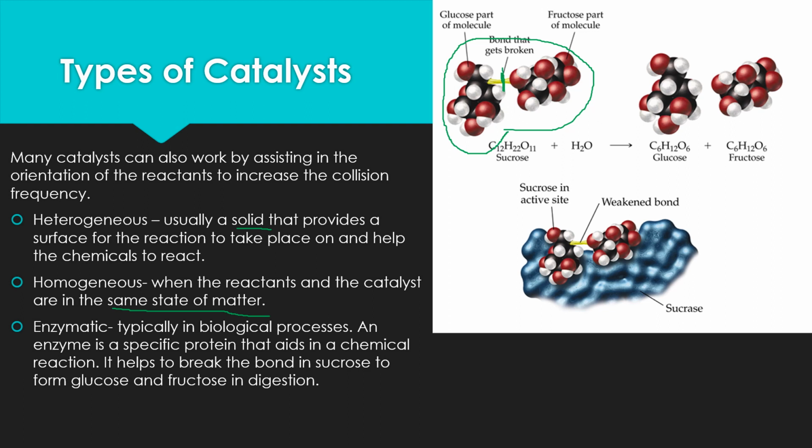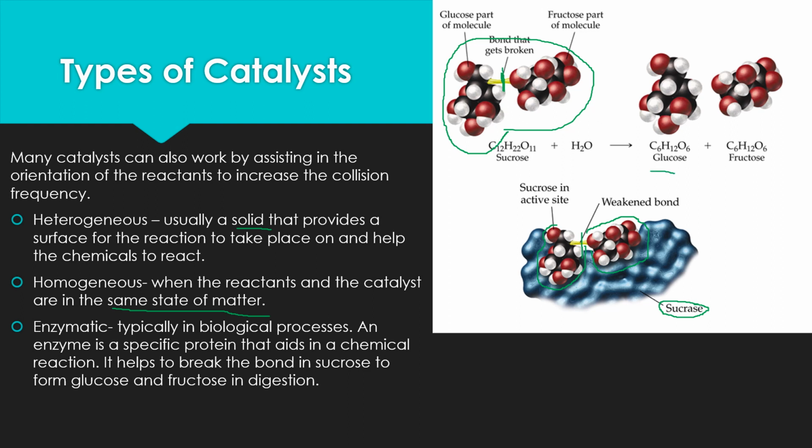That bond is harder to break. So in the body, we've developed a protein called sucrase. And this is a whole big long chain of atoms, a big long molecule that's folded up in a specific way, and it kind of fits like a lock and key. These molecules fit right into that sucrase enzyme, and then the enzyme helps to break that bond.